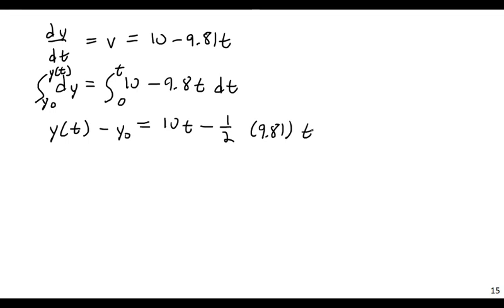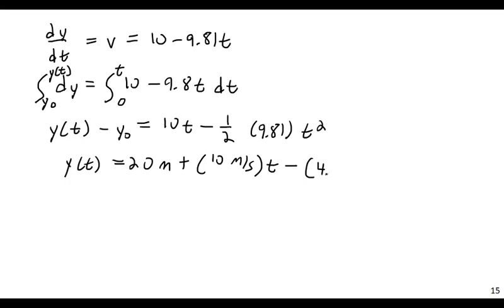9.81 t squared, or simply y of t is equal to 20 meters, because now I can actually put in my initial height, which is 20 meters, plus 10 meters per second times t minus 4.905 meters per second squared times t squared.